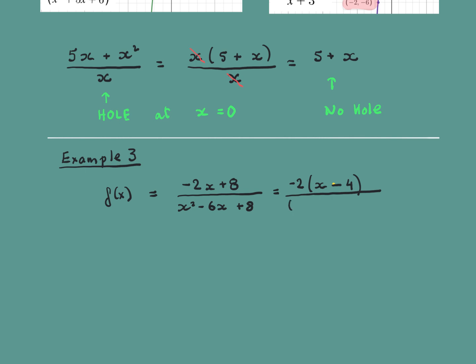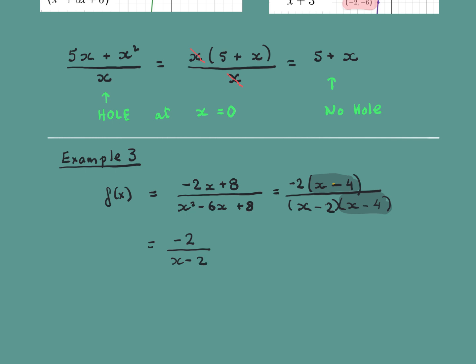And this one is (x minus 2)(x minus 4), because I will need minus 2 minus 4 to give me minus 6, and minus 2 times minus 4 gives me 8. So that tells me that these two are common factors. So I'm left with minus 2 over (x minus 2).